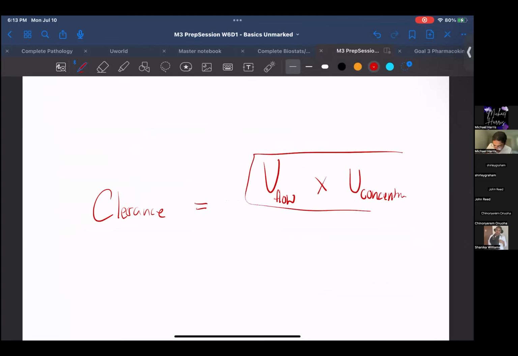What does this give you? If you take urine flow value and you multiply it by the concentration, what essentially are you ending up getting?